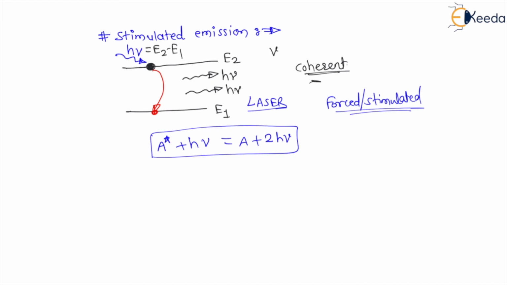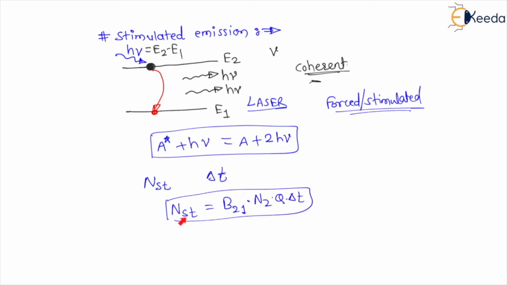Now my dear students, again let us say the number of stimulated emissions NST in a very short duration of time del T needs to be calculated. This NST is equal to B221 into N2 into Q into del T. This is the balance equation.